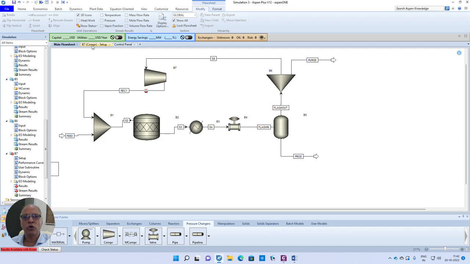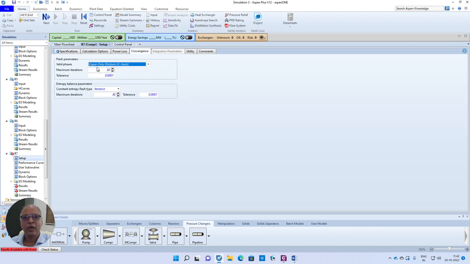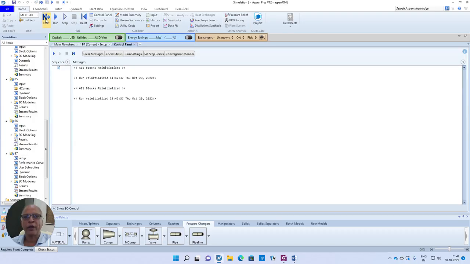What you can do is go to the compressor. Now you look at convergence. So it is performing vapor only, but performing a vapor liquid check. So if you strictly say vapor only and reset the calculations, the errors and warnings will go away.